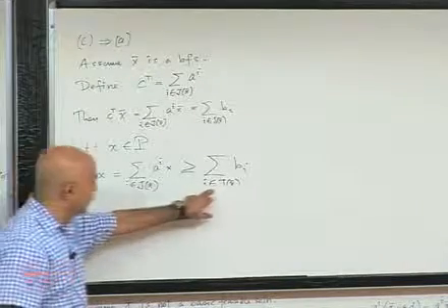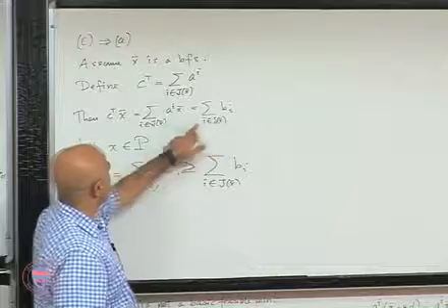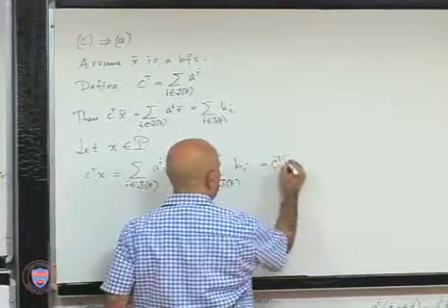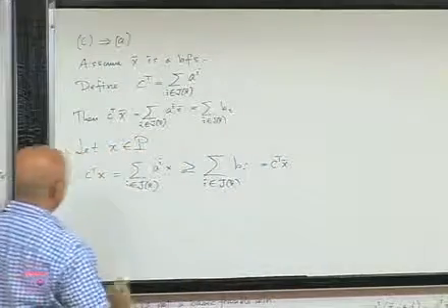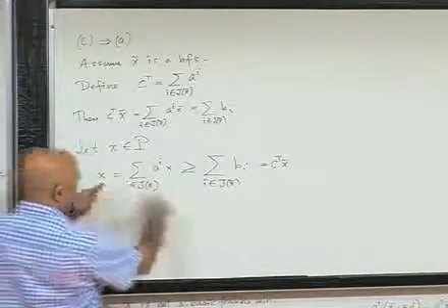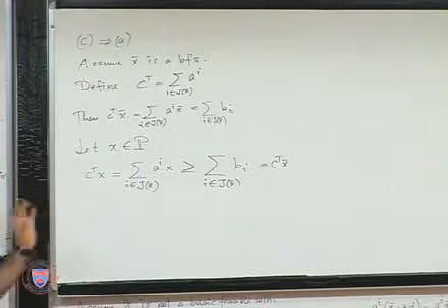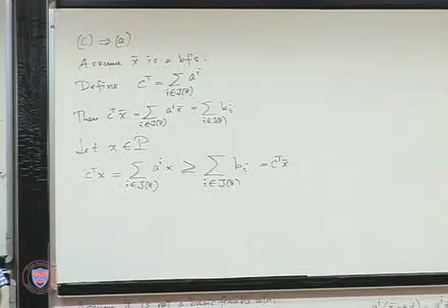How much is this? We just showed it. It's c transpose x bar. So what did I show? I showed that c transpose x is greater than or equal to c transpose x bar as long as x is in the polyhedral set.